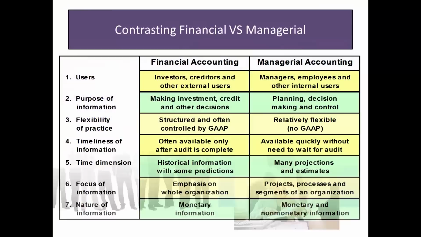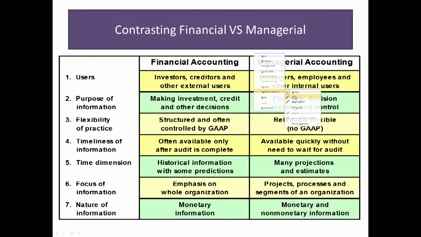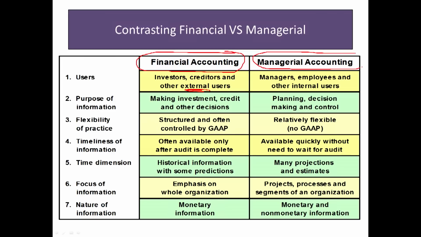Let's take a look at this next chart, which is in your book, and I think that'll help clarify it too. This is financial accounting. This is managerial accounting. As I said, financial accounting deals with external users. Managerial accounting has to do with those internal to the company.